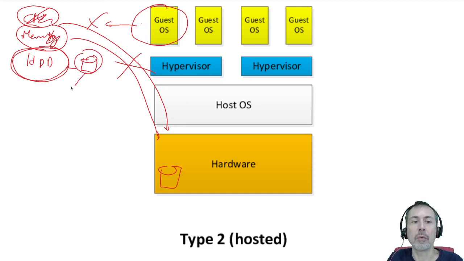For example, if you create a 100 gigabyte hard drive in your hardware, when you stop the virtual computer, you will still have that 100 gigabyte hard drive ready for the next time you start this virtual computer.